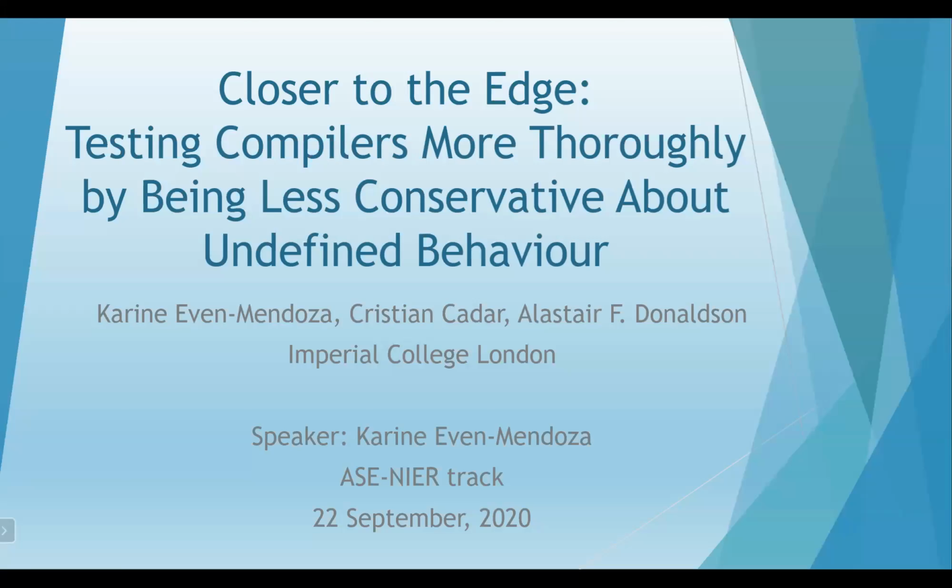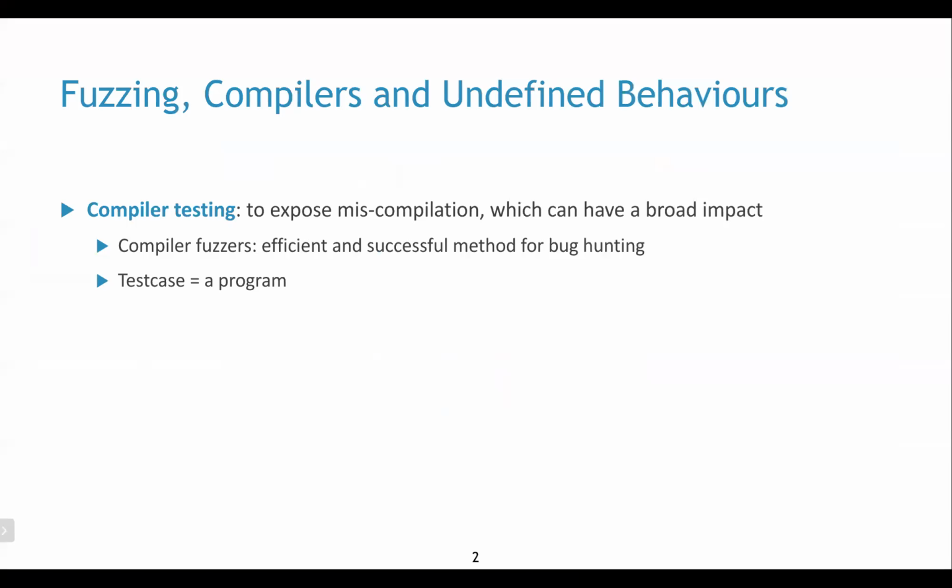Okay. So I'm Karine. I'm going to present the work I'm doing with Cristian Cadar and Alastair Donaldson on compiler testing and fuzzing. Fuzzing is an efficient and successful method for testing compilers in which we aim to expose miscompilations via differential testing.